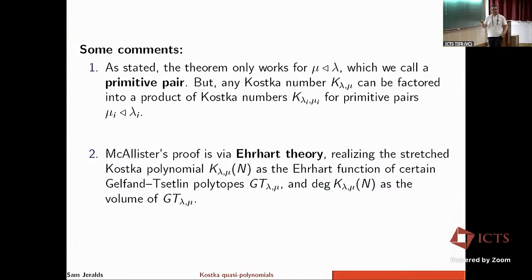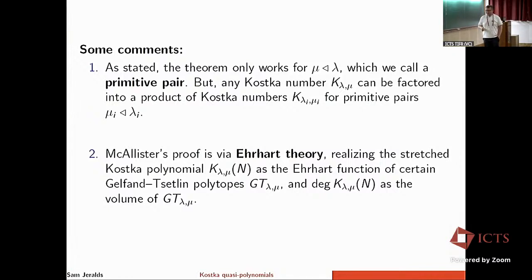So you want to know the value for a fixed lambda and mu, and you can reduce it to a lot of smaller lambdas and mu's, where here now you have the primitivity, and because degrees add across products, you can play the same game for the scaled versions as well. And so if you want to know the degree of the stretched Kostka polynomial, you just need to know the degrees of each of its constituent factors.